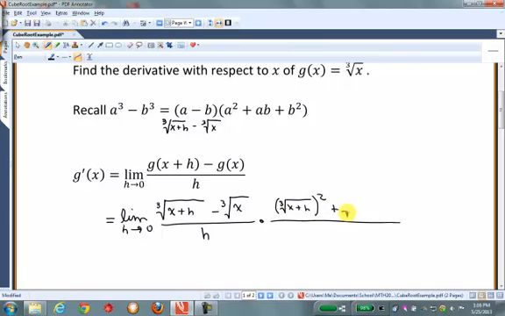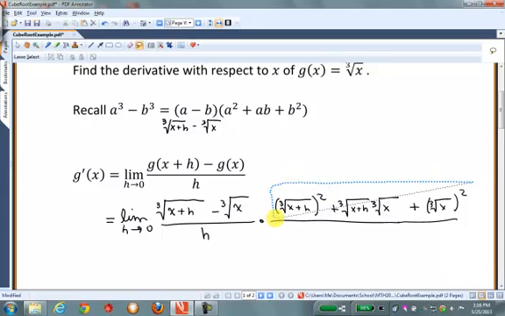Well, a is the cube root of x plus h times b. b is the cube root of x, plus b squared. B is the cube root of x, so I'll have the cube root of x squared. And this will all be over itself. I'll make a copy, I think, to do that, so I don't have to write it out again.